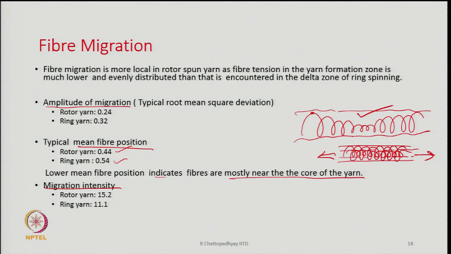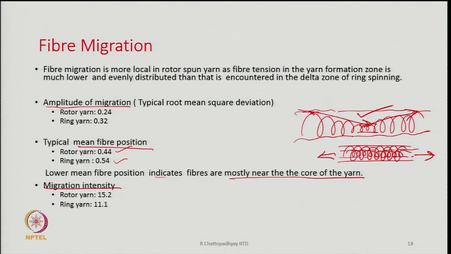The amplitude of migration is how much they are migrating from this path to this path. See, here it is going from here to here, then going back like this. The rate of movement of the migratory path towards the yarn core is what gives us the migration intensity.